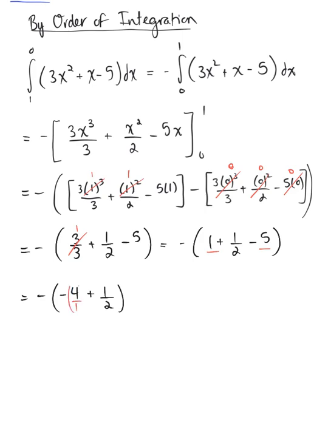So we'll think about 4 as being 4 over 1, and we'll multiply the numerator and denominator by 2. So I have minus, this will be negative 8 plus 1 all over 2. So we have minus a negative 7 divided by 2, and a negative times a negative produces a positive value for a beautiful final answer of 7/2. Woohoo!